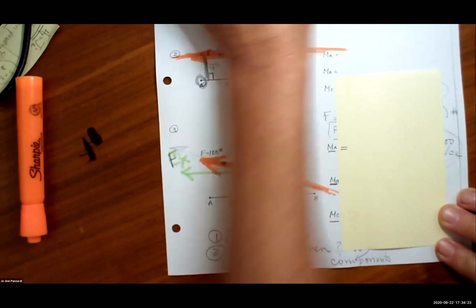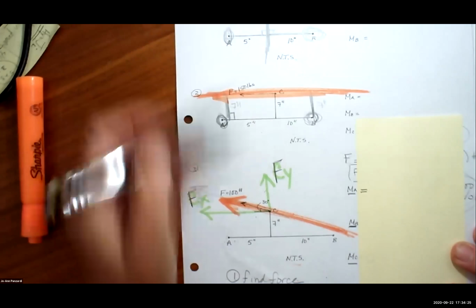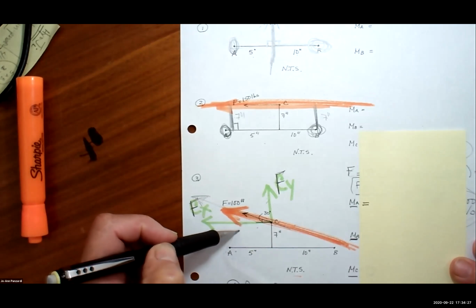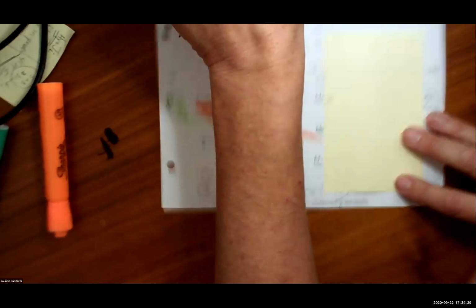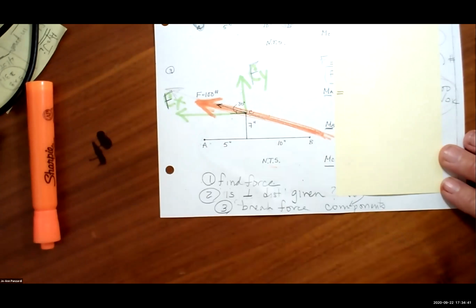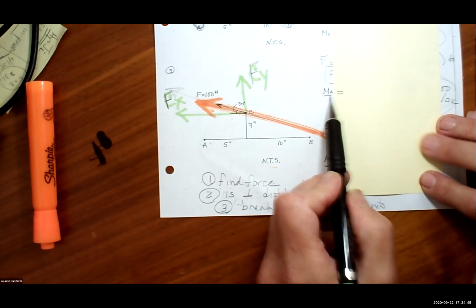Cody, why did I break the force up into components? Because there wasn't a perpendicular distance available. Right. The perpendicular distance wasn't given. But when I break it up, I can now find the perpendicular distance. So the moment of A, notice I have two forces now, right?